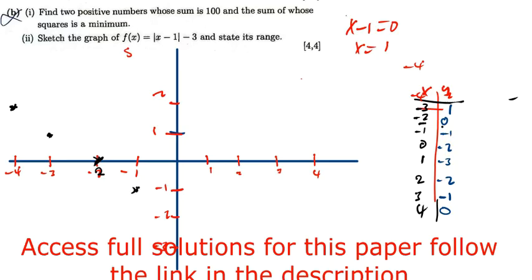Then 0 comma negative 2 is here. 1 comma negative 3 is there. Then we have 2 comma negative 2. 3 comma negative 1 is there. 4 comma 0 is going there. So this graph comes like this.